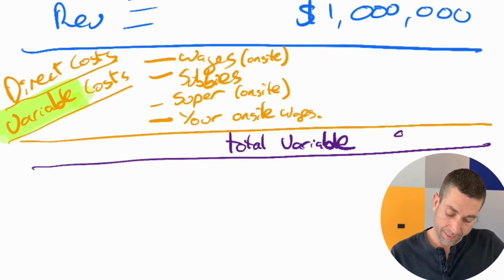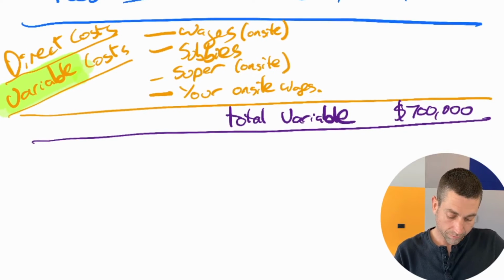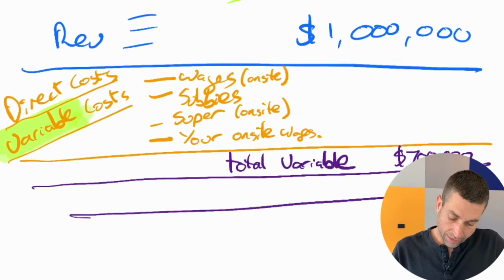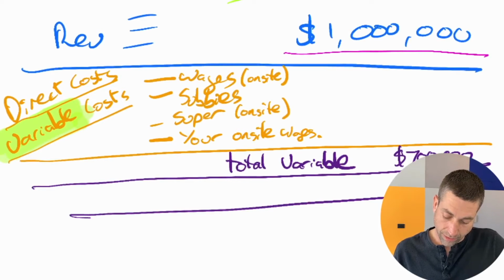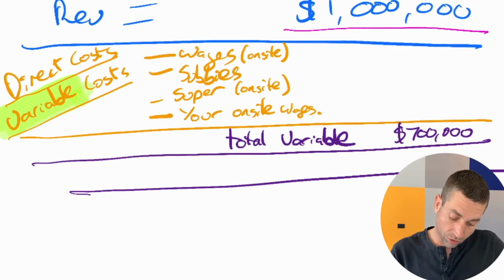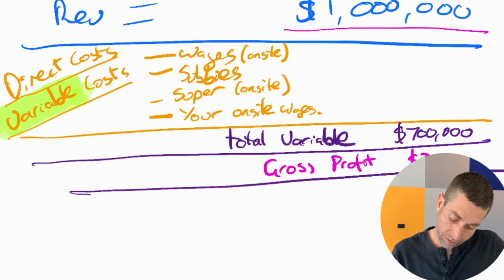Here, let's say it's 700,000. What we do here is take our total revenue less our total variable costs, and we get our gross profit, which in this case would be $300,000.